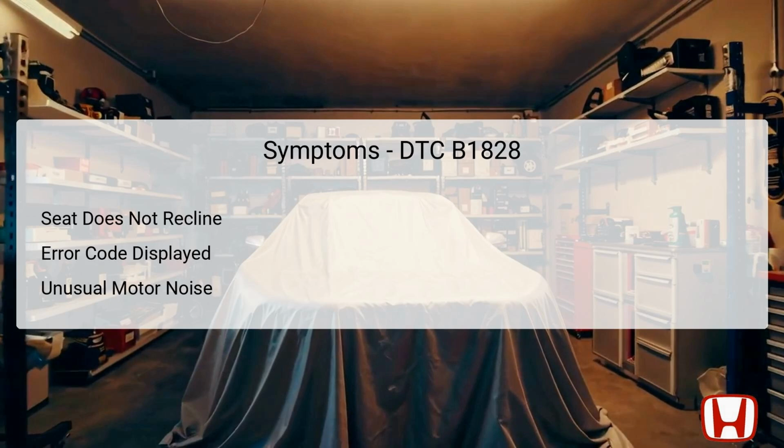Furthermore, unusual noises from the recline motor or control unit may be present, signifying potential mechanical problems. These symptoms not only detract from the driving experience, but also highlight the necessity for immediate attention to ensure safety and convenience. Identifying and addressing these symptoms early on is key to preventing further complications.